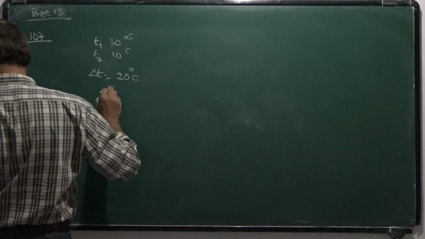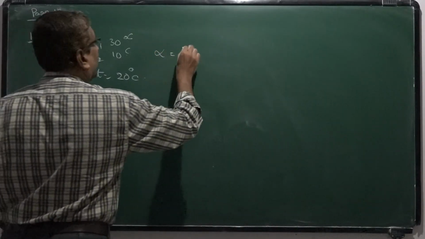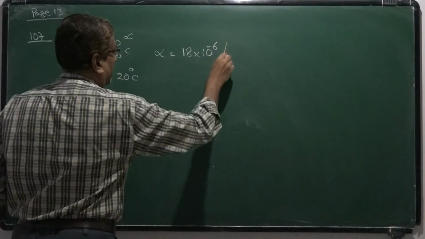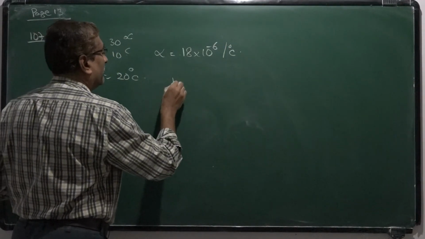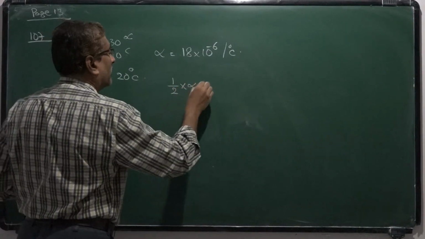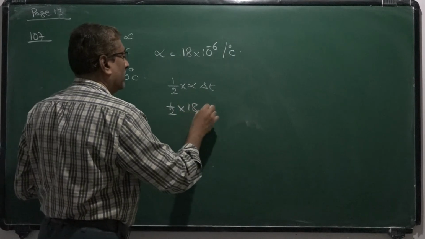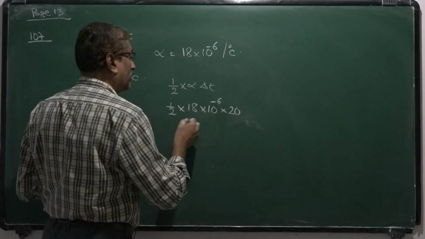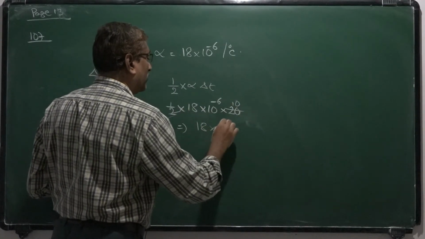And given alpha of the material is 18 into 10 to the power minus 6 per degree centigrade. So the number of seconds it will gain or lose is half alpha delta T, that is half into 18 into 10 to the power minus 6 into 20, that is 18 into 10 to the power minus 5 seconds.